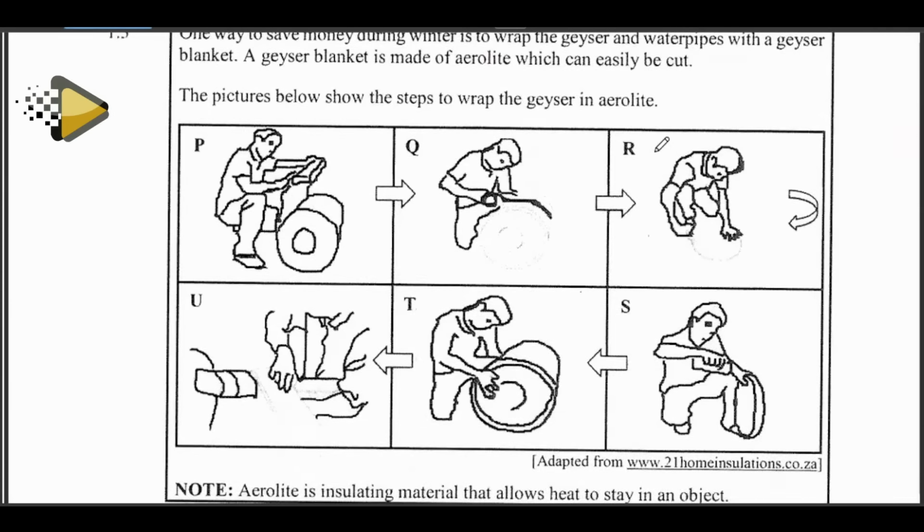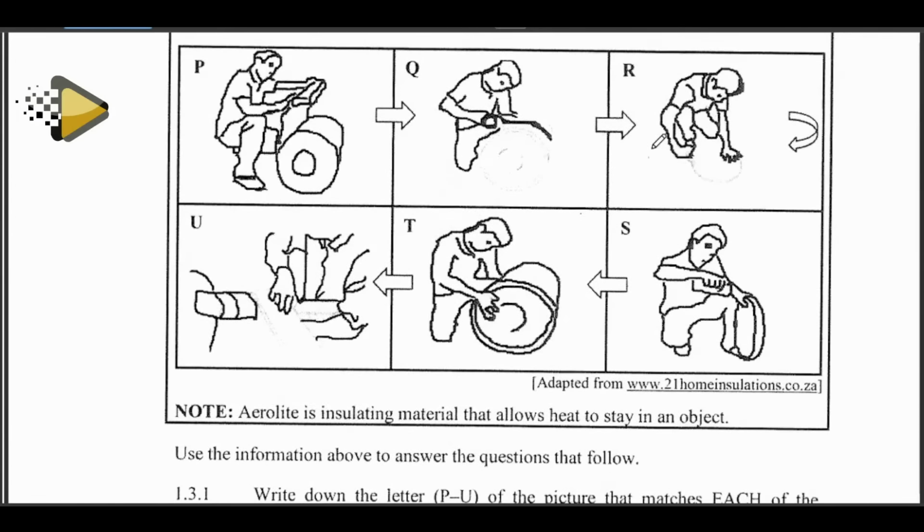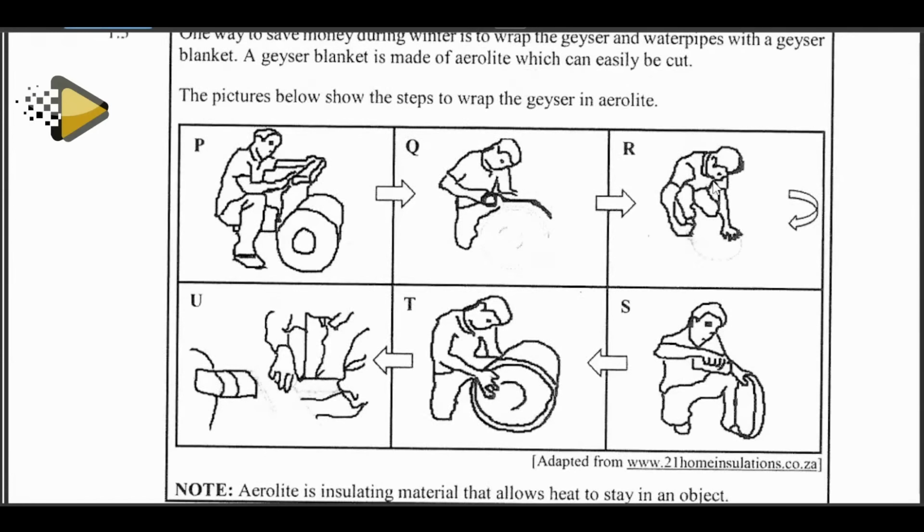Okay. Step number 1 says cut out circles of aerolite and spread on both sides. So this is it. This was the first one here.